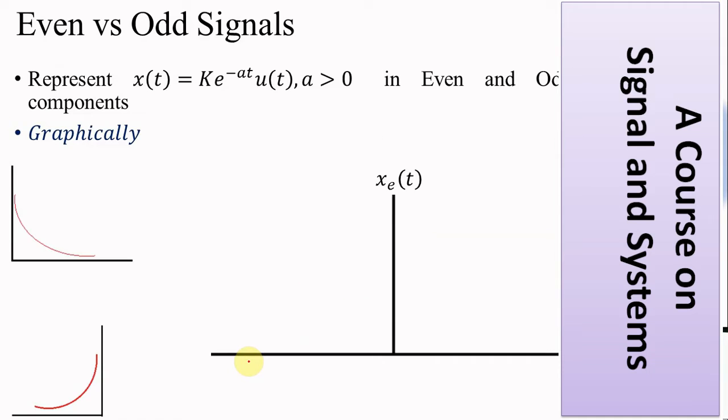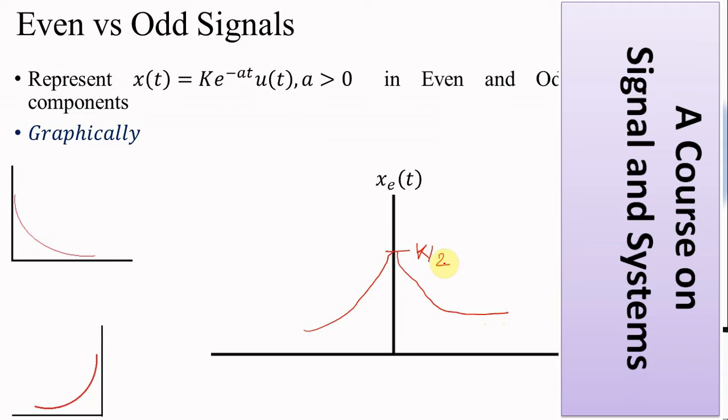Now based on our definition, we can directly combine these two. We can just combine these two parts and divide the amplitude by 2. So this is my even part of x of t. But when I am adding it, just pay attention.